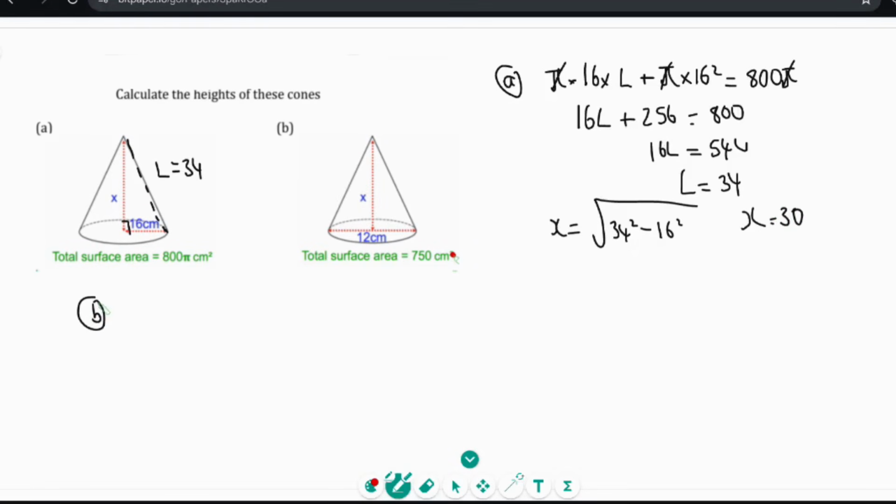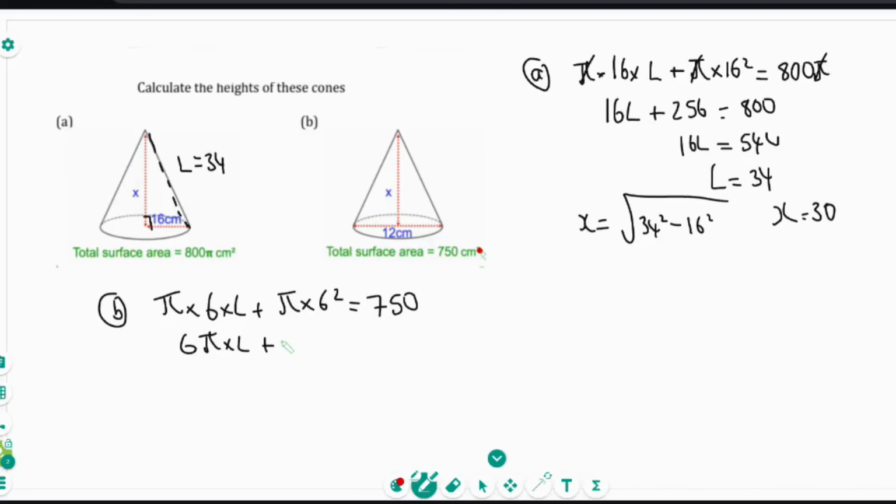Part B. Pi r, well r isn't 12, r is 6. Pi r squared is 750. Not pi this time, just 750. Okay, so 6 times pi L, plus 36 pi is equal to 750.